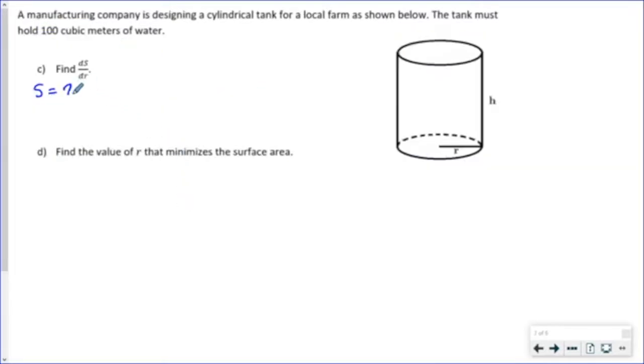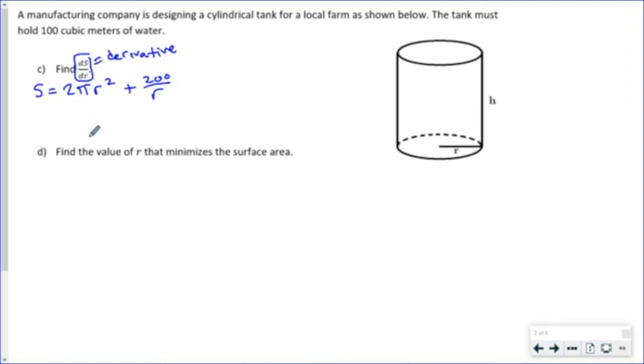Remember, 2 pi r squared is our two circles here, plus 200 over r. Now, whenever you see this weird thing, d over d something, that means derivative. So take the derivative of this.